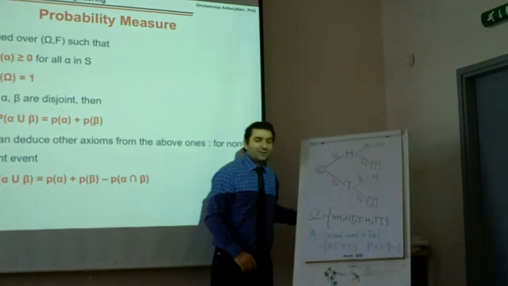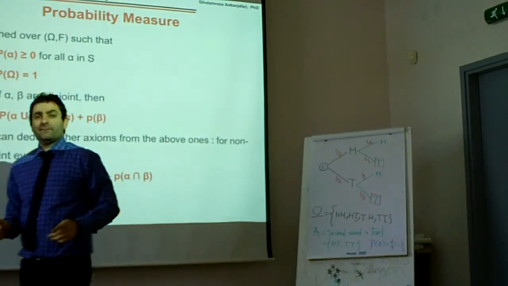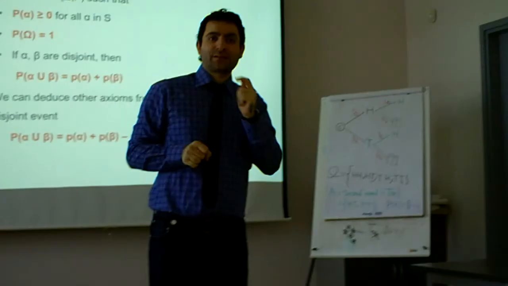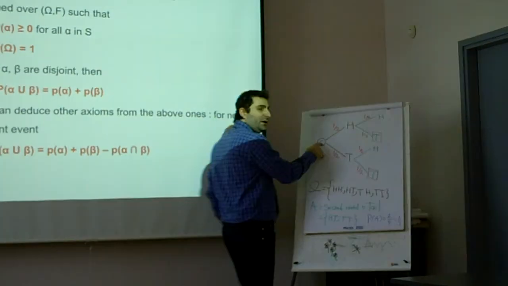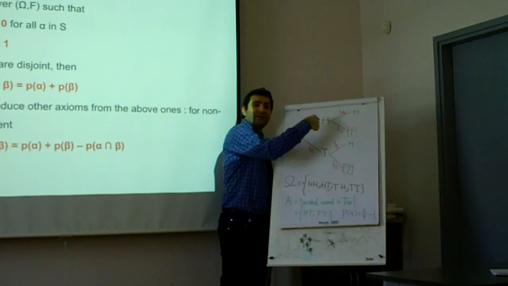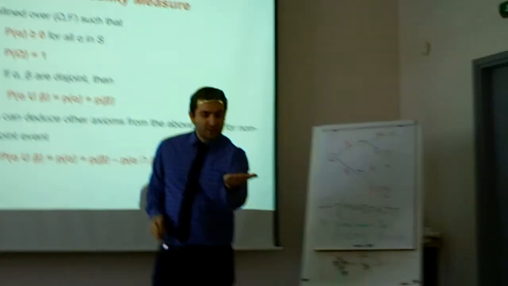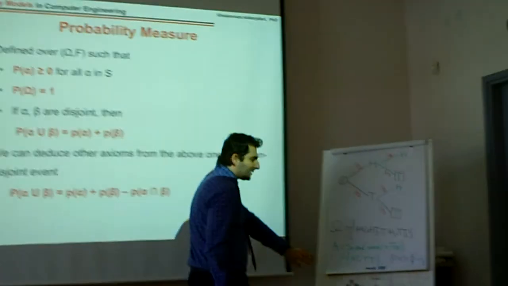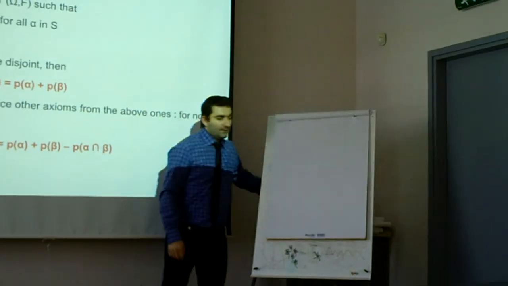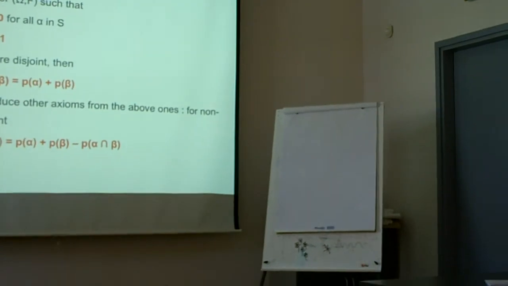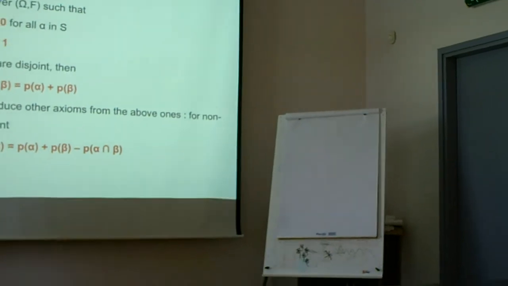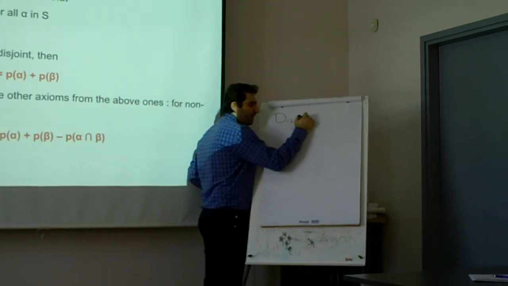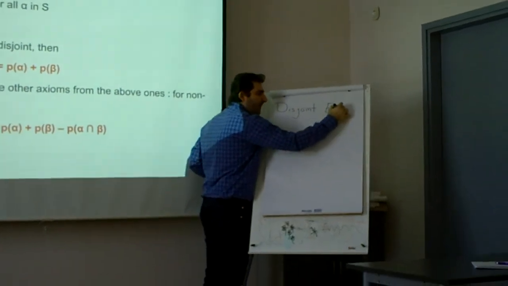Now, another thing that we talked about was event A and event B. They can be mutually exclusive. In other words, I have a coin, I toss a coin, it is either head or tail. We don't have a coin which comes in my hand as head and tail at the same time. And now, this type of events are called disjoint events.